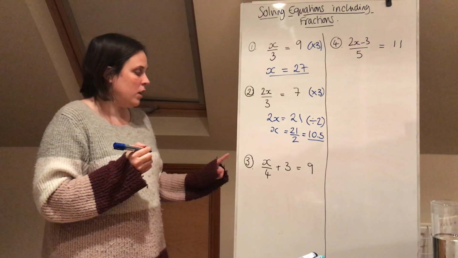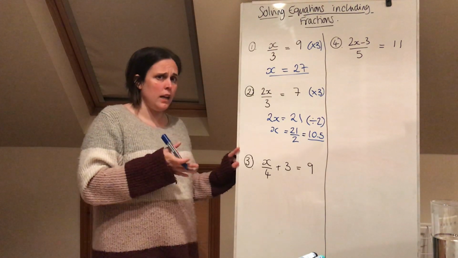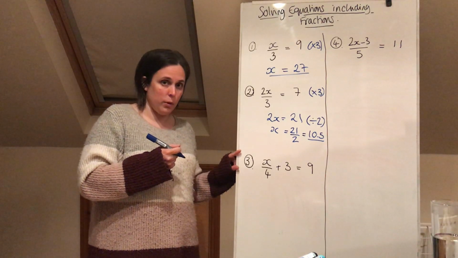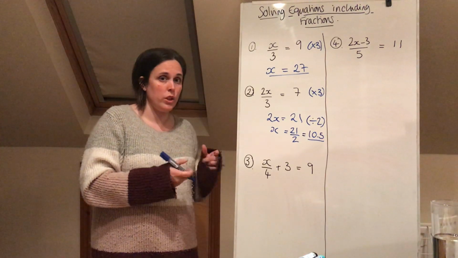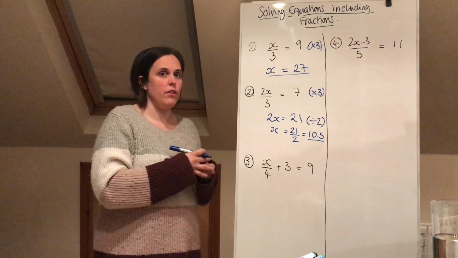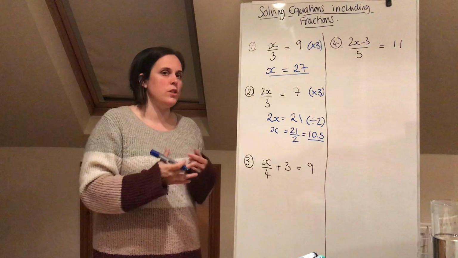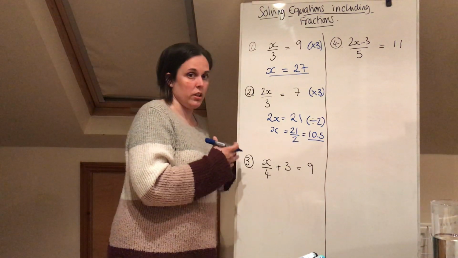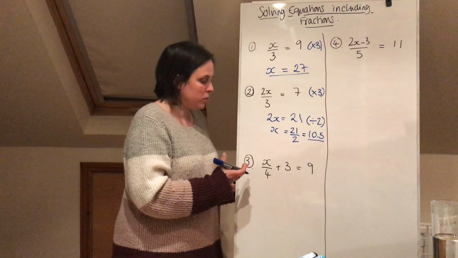Okay, right, now again I'm going to refer to my previous video. I've always said to you with solving equations that you must make sure you get all your x terms on their own on one side and then everything else on the other side. So we always do that first, and even when you've got a fraction, I would say it's probably even more important.